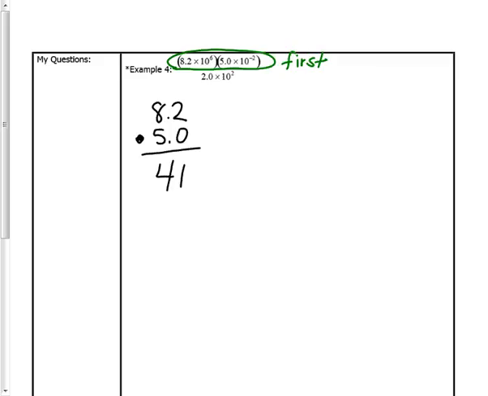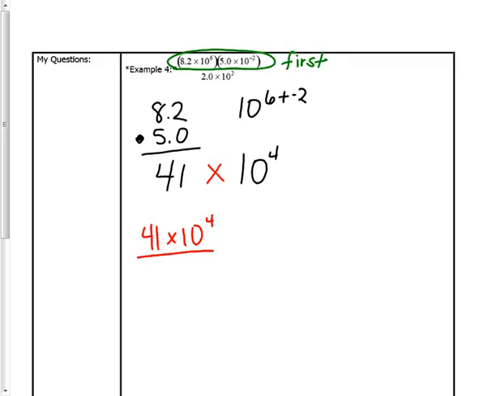Okay, and then for my exponents, I have 10 to the 6th, and because I'm multiplying, right, plus -2, this is going to give me 10 to the 4th. So right now in my numerator, I have 41 times 10 to the 4th. So this is my new numerator, 41 times 10 to the 4th. And in my denominator, I still have 2.0 times 10 to the 2nd power.